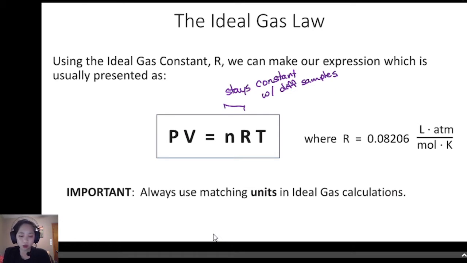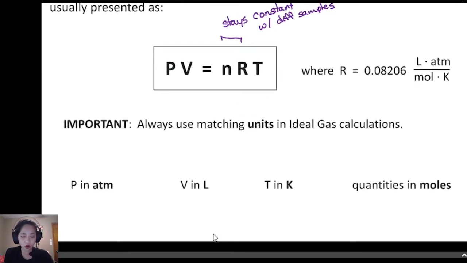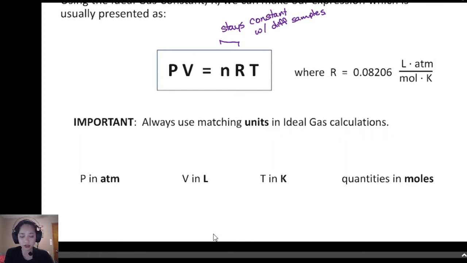It's very important that when you input different units for pressure, volume, and temperature, they match the units in our R. So always use matching units in ideal gas law calculations. If you want to input a pressure, always have it in atm, because if you want to use this R constant, it has to cancel out with the unit associated with R. It's easier to just convert all of these quantities than to memorize like 10 different types of R that have the units that you want.